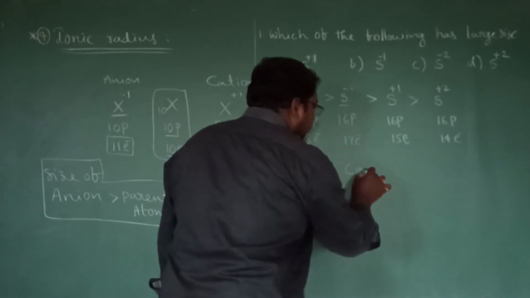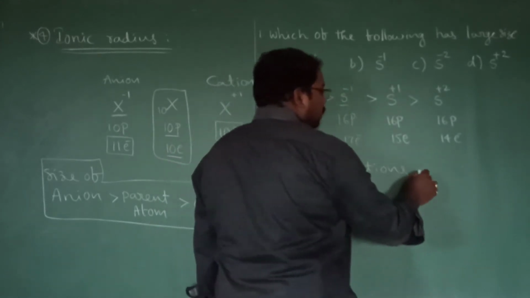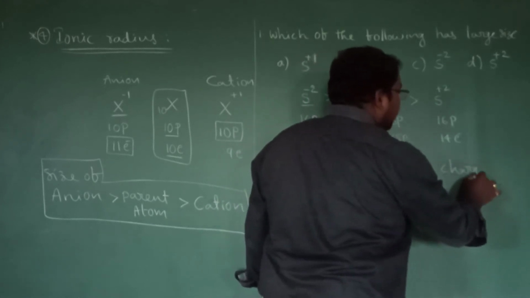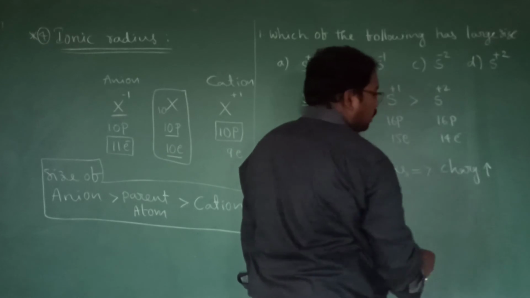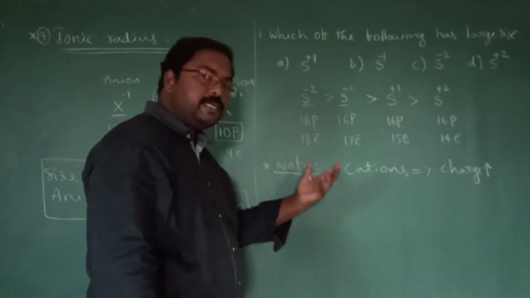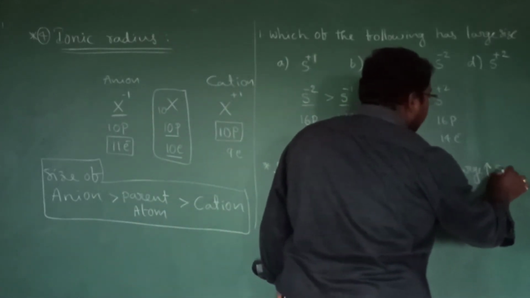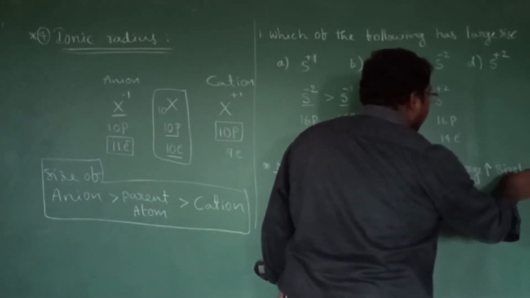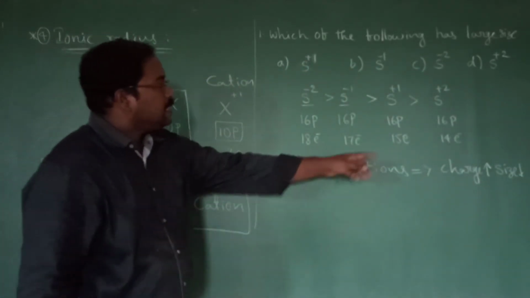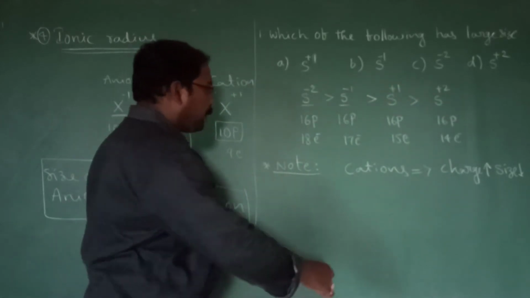In case of cations, as charge increases, positive charge. Cation means positive charge. As charge increases, size decreases. Okay? As charge increases, size decreases.